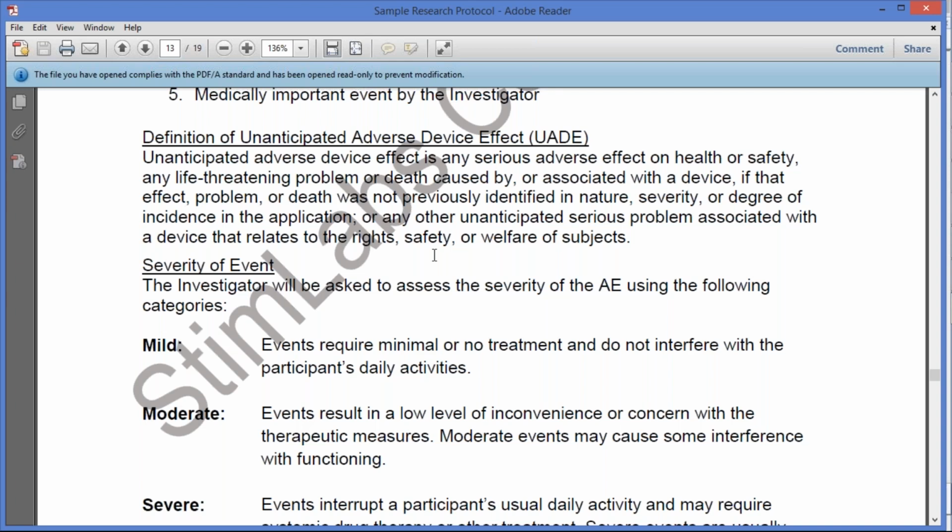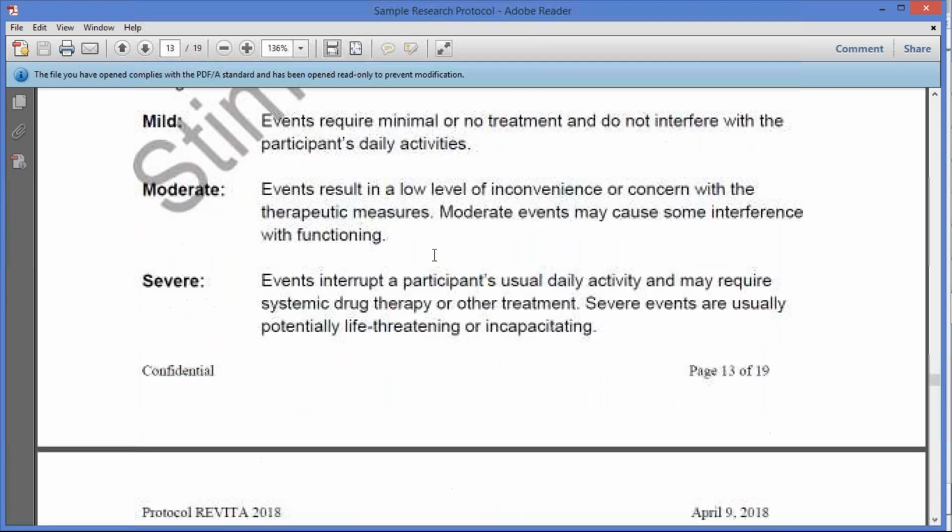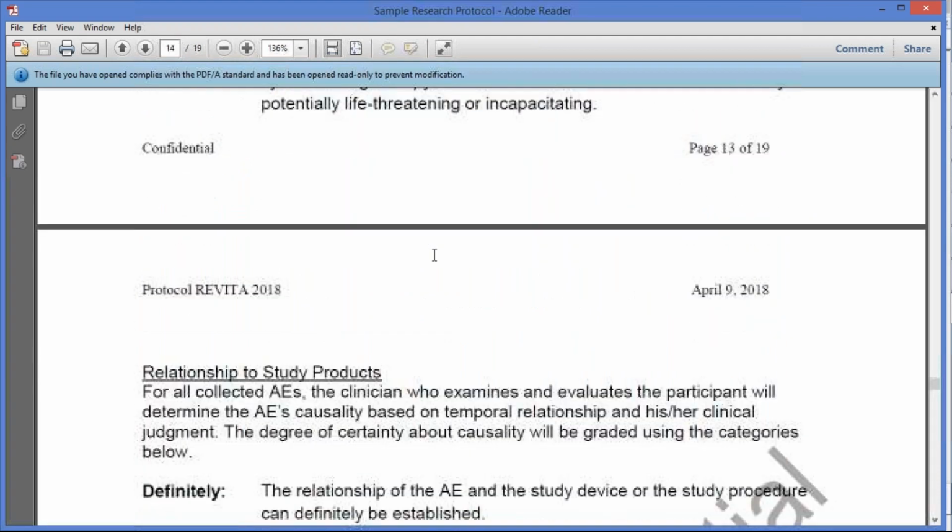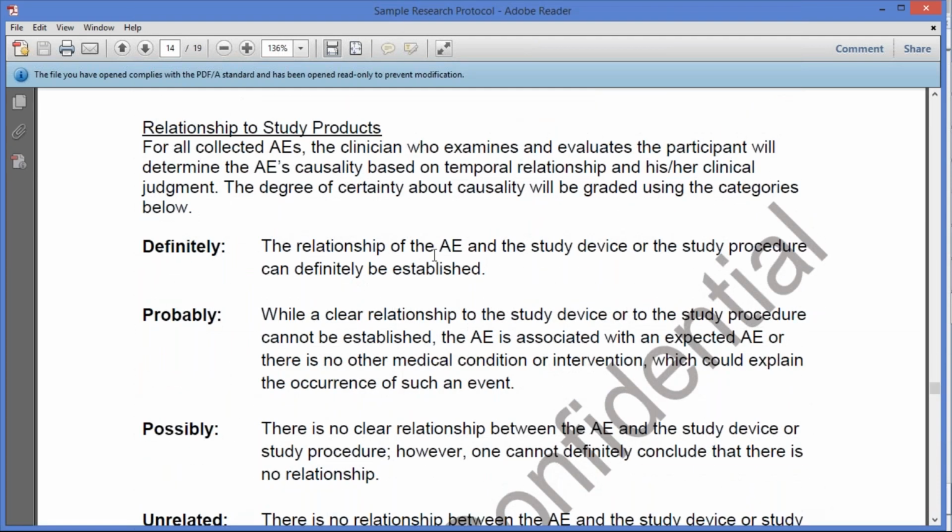If it is already known, it is called anticipated, otherwise unanticipated. The severity: mild, moderate, severe, and relatedness with the study product means a relationship between drug and the event, whether drug caused the event or any other reason.